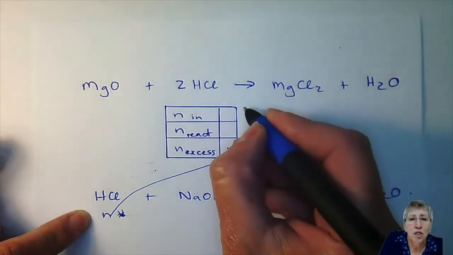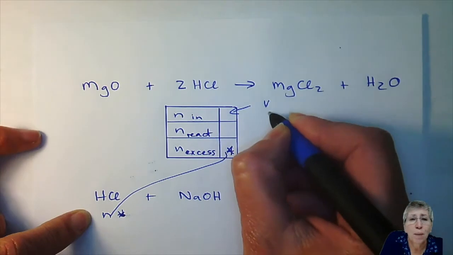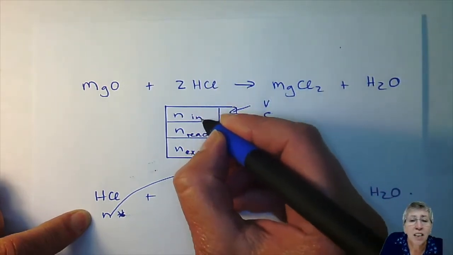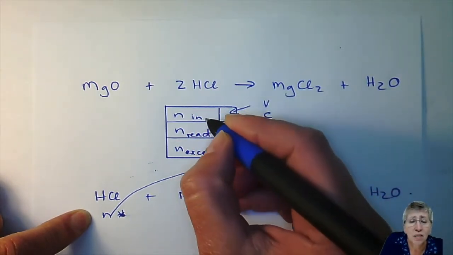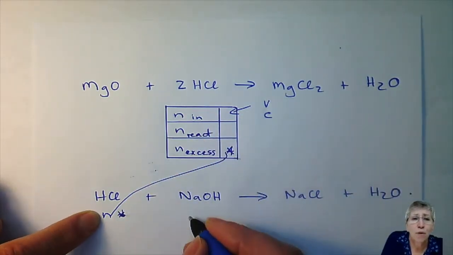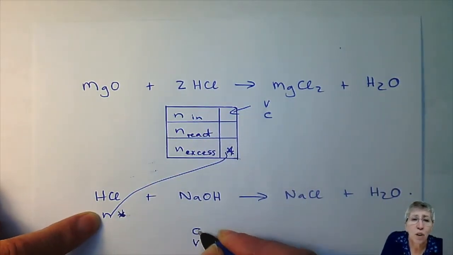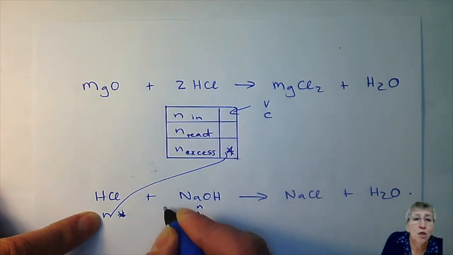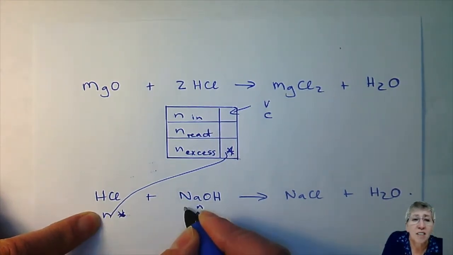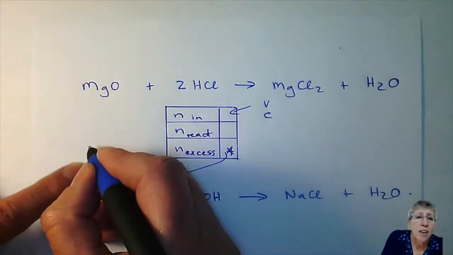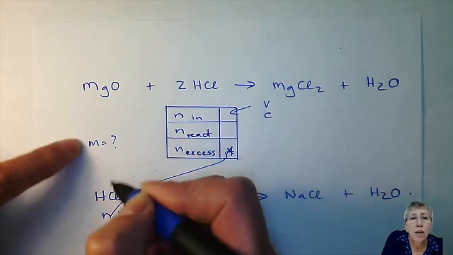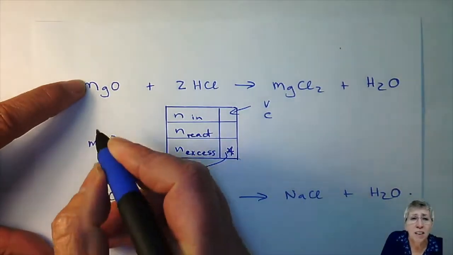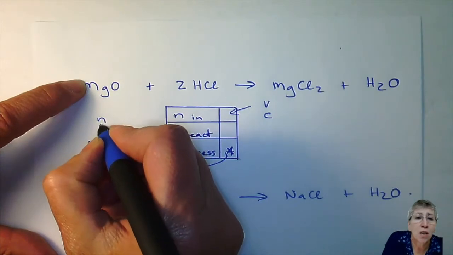So what they do usually is they give you the volume and the concentration that they put into the reaction, and they give you the concentration and the volume that is needed to neutralize that excess. Right. So what we're actually looking for is the mass of magnesium oxide, and we'll get that from the moles.